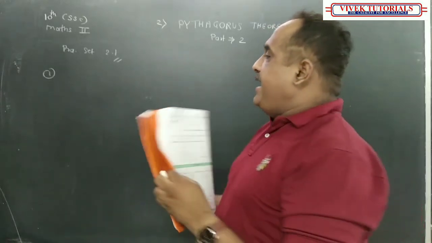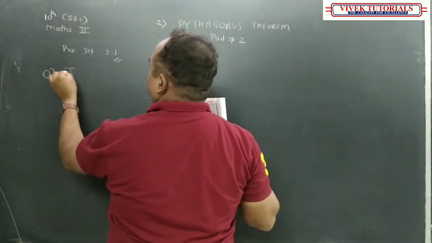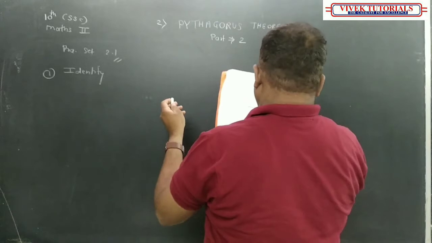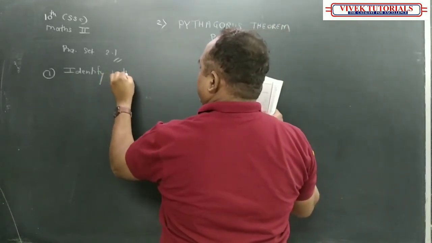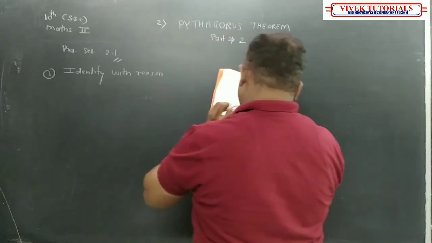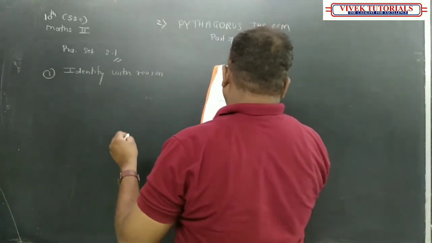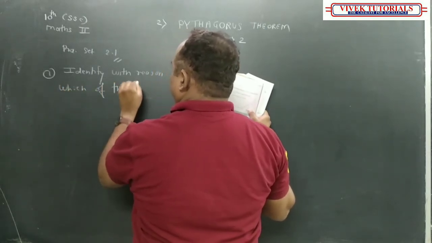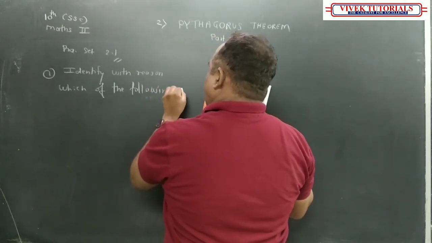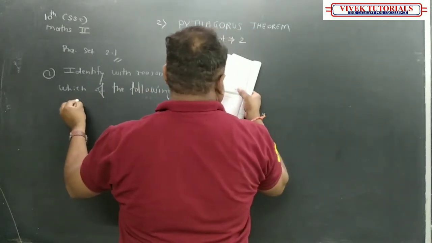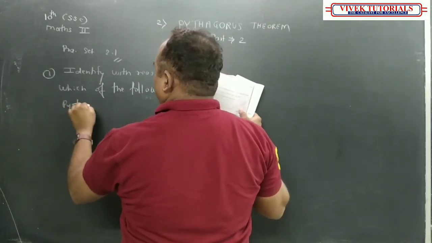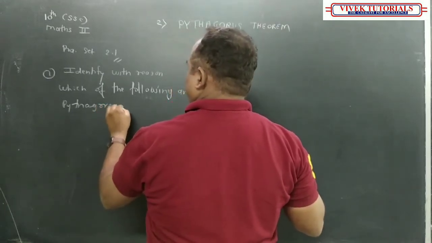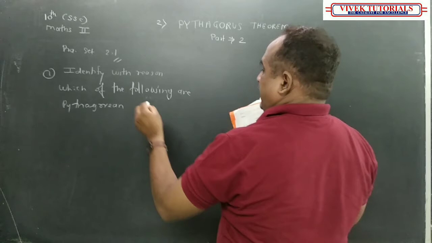Identify with reason which of the following are Pythagorean triplets.